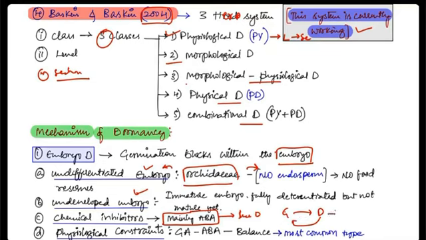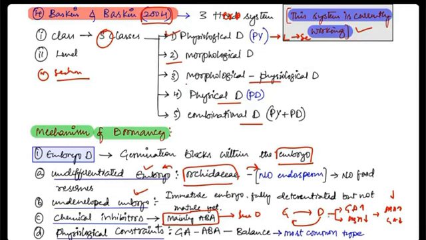This is because of two important hormones, GA and ABA. If the GA levels are high, the ABA levels will be low. When the ABA levels are high, the GA levels will be low. I also showed this with a practical example and a figure in the previous class. I hope you remember it, right? So this is about the chemical inhibitors.